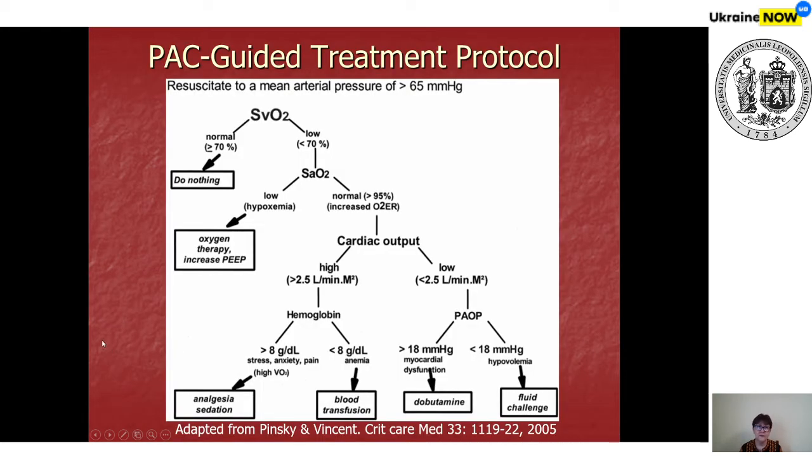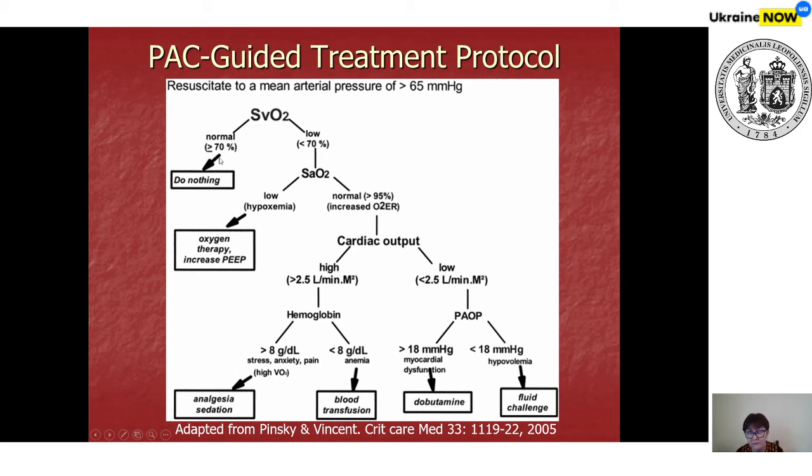This is a pulmonary artery catheter-guided treatment protocol by Jean-Louis Vincent. So resuscitate to a mean arterial pressure of 65 millimeters of mercury. You can check mixed venous blood saturation.